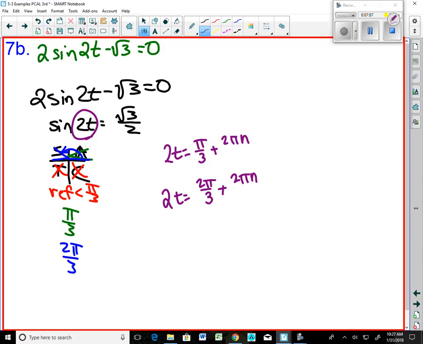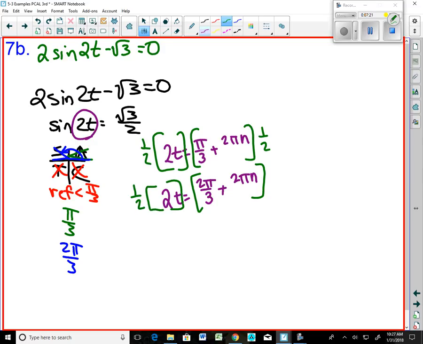So now is when we divide by 2 on both sides and see what happens. Or multiply. I like to multiply by 1/2 just because I have the fractions there already. 1/2 on both sides, so I'm not changing any values as I go.